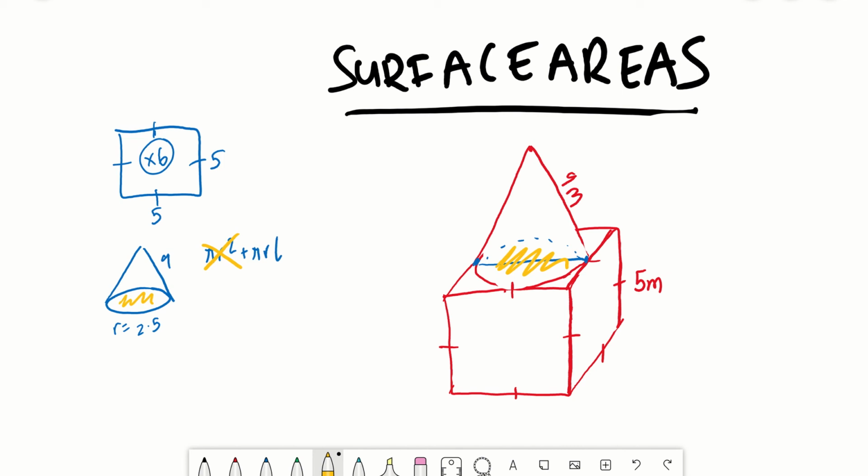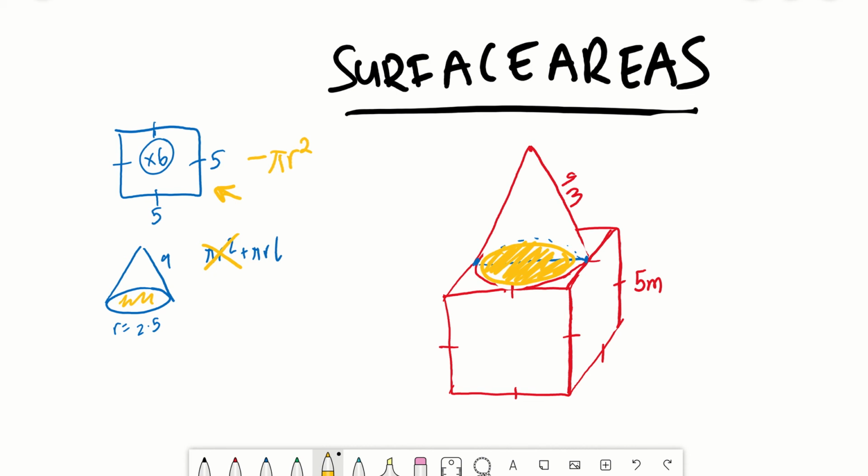But what I've also got to do, I'm not including it when I'm painting the cone, but I also need to not include it when I'm painting my cube. So what I have to do to the answer of my cube is subtract a pi r squared, because I've got to subtract that circle that was counted for when I do the surface area of 6 squares. So there's my nice little map out.